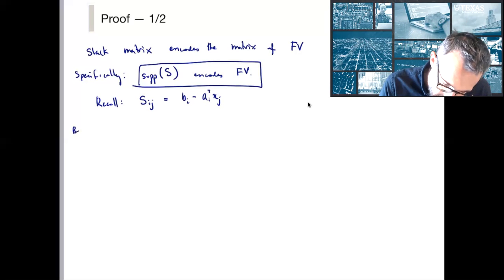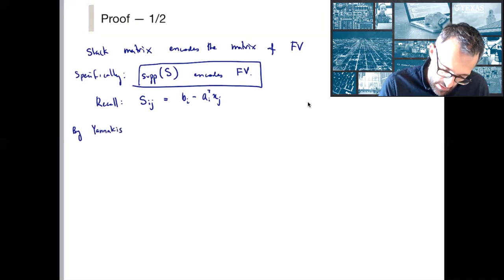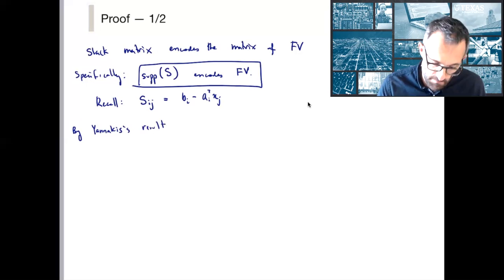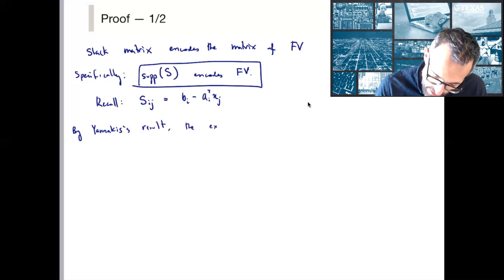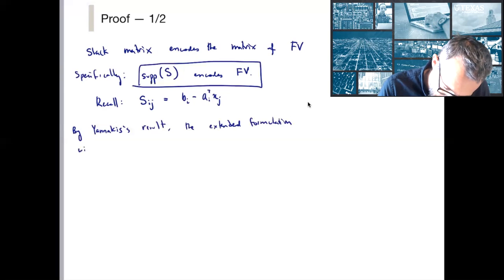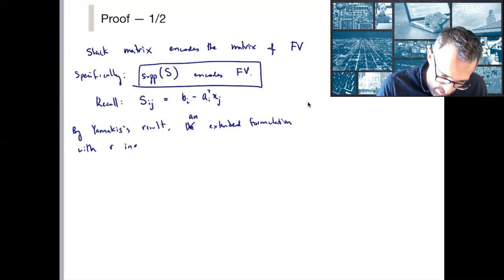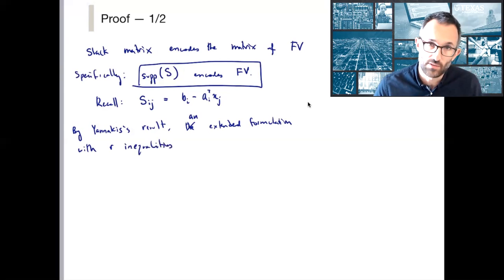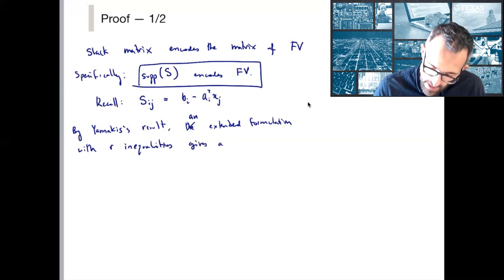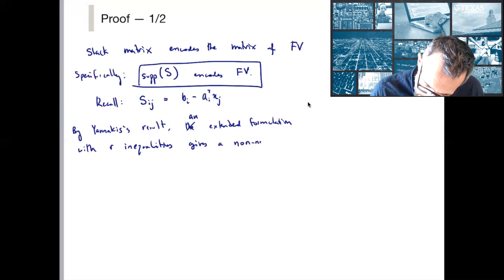So by the lemma that we proved in a previous lecture, by Yannakakis' result from '91, we know that the extended formulation, or unextended formulation, with R inequalities, as we saw, gives a non-negative matrix factorization of the slack matrix.